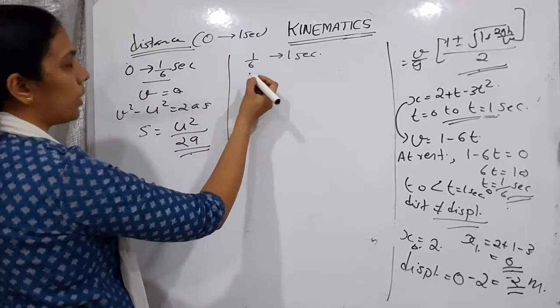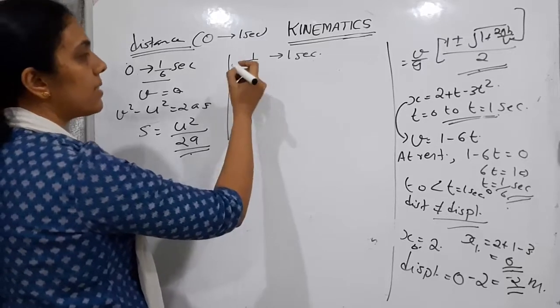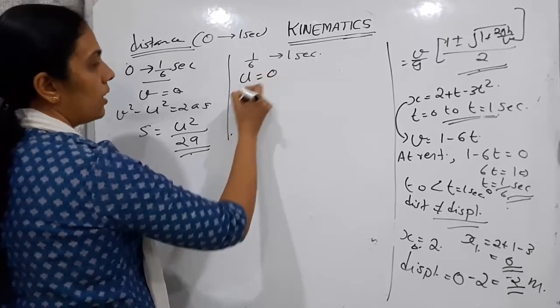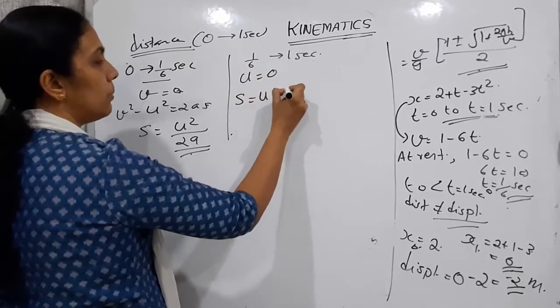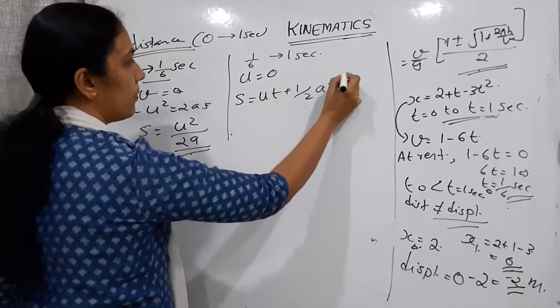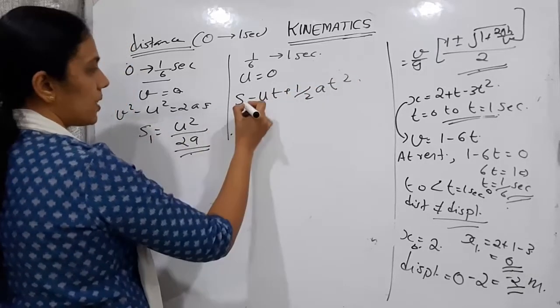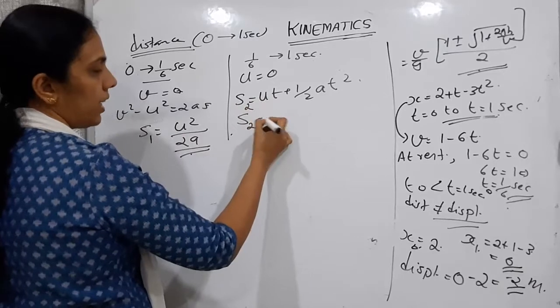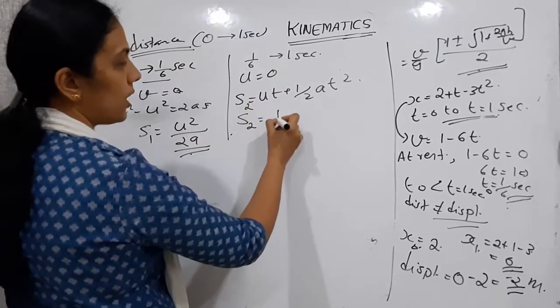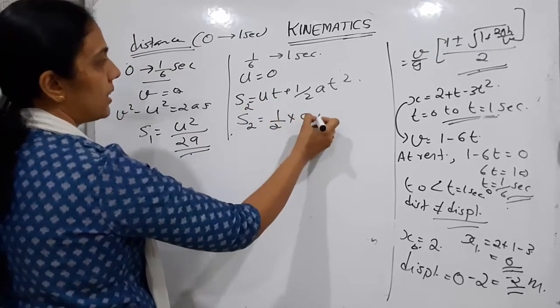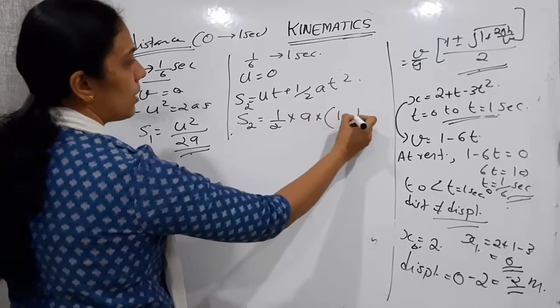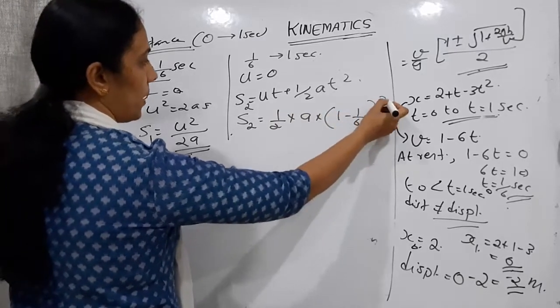For that, how can we find out? Finally, it has initial velocity 0. Therefore, s is equal to ut plus half at square. We can consider this as S1, this as S2. S2 equals 0 plus half into acceleration into (1 minus 1 by 6) the whole square.